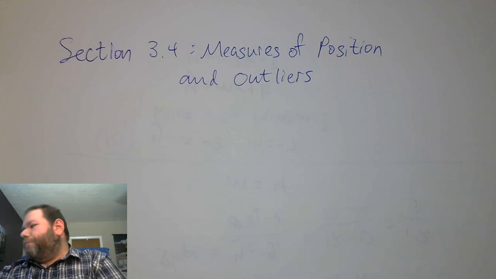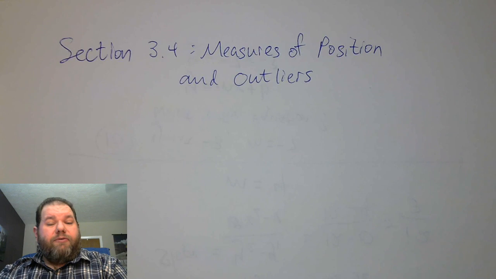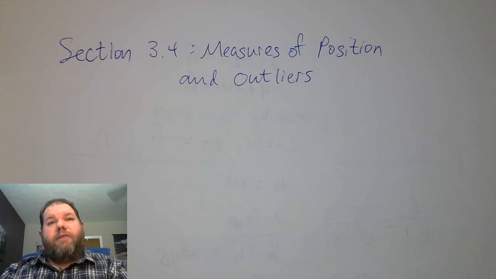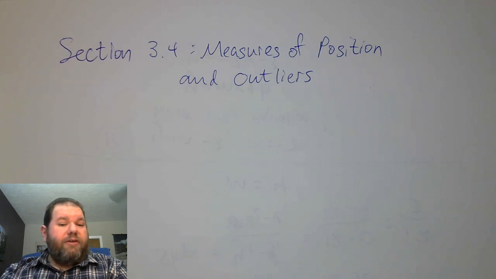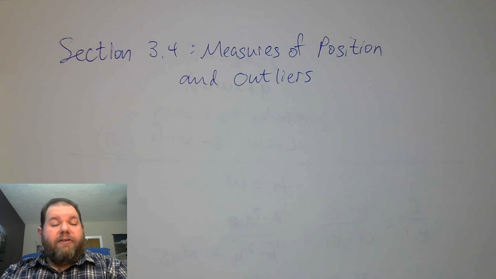So that's another way in which we use percentile, but basically it's a way of measuring a position in the data set. Like, where is this data value in relation to all the other data values, is basically what we're saying. Now, we're actually not going to worry so much about position.